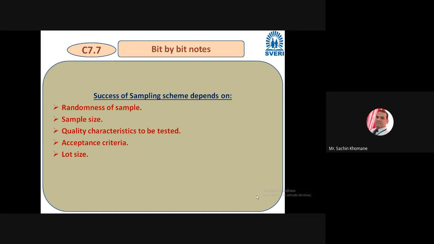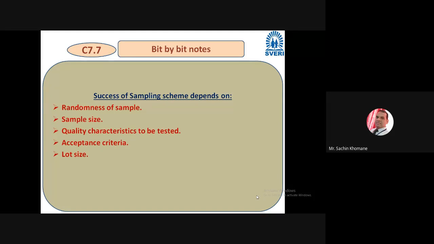No. So you should not check it by just observation. You can take samples from anywhere in that lot. Then you have to decide the sample size. Then you have to decide which characteristics you need to test. You decide first what characteristics need to be tested. Then what is your acceptance criteria?